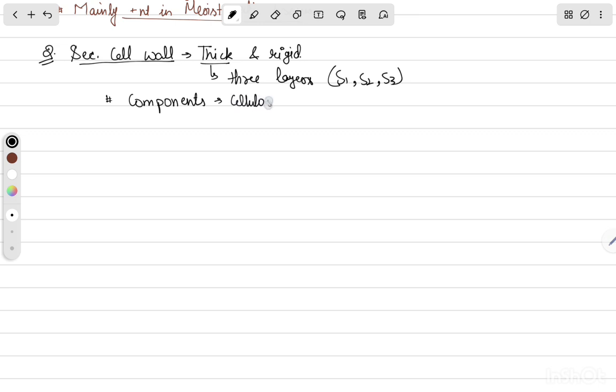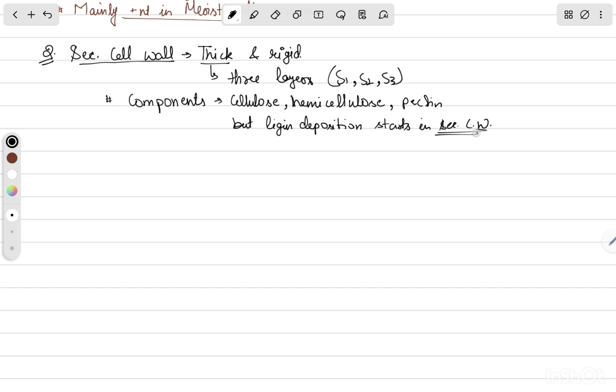Cellulose, hemicellulose, pectin. These are the main components, but lignin deposition starts in secondary cell wall.